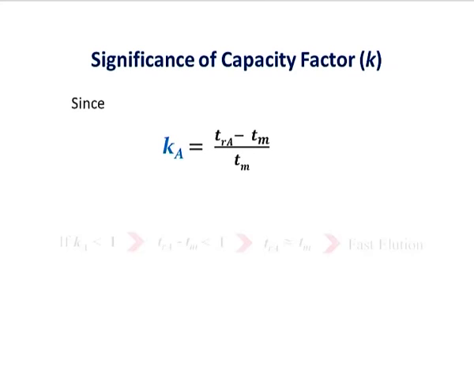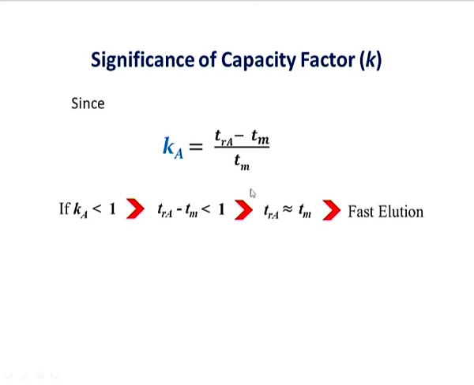So, this is the term, and what has been found is that there is an ideal range of Ka, the value of Ka, if one is looking at a good separation of a peak or good selectivity of a particular peak.